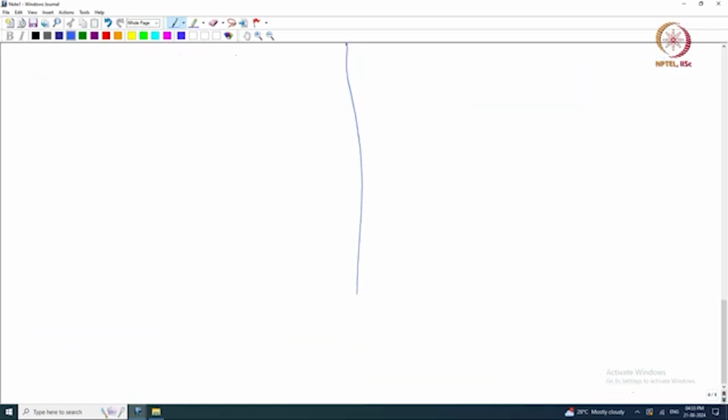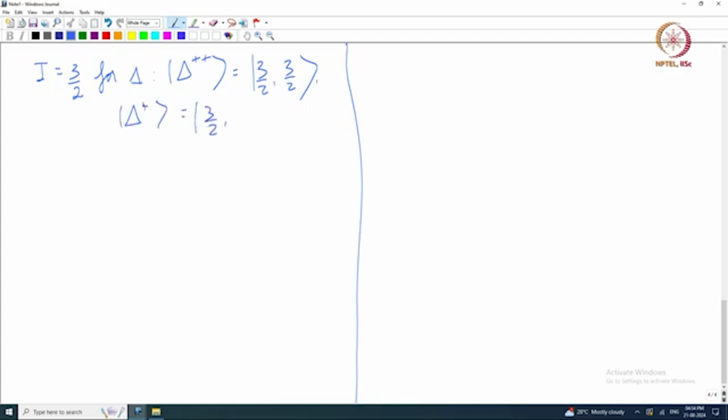So, can you guess what it should be, which one would take 4 values? Of course, that would be I equals 3/2 for the delta baryons, okay. And in the order in which I wrote them, delta plus plus would correspond to an isospin of 3/2 comma 3/2, delta plus is again 3/2, but what do you think this should be?